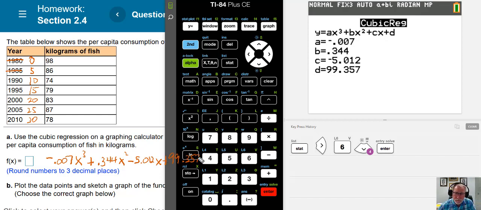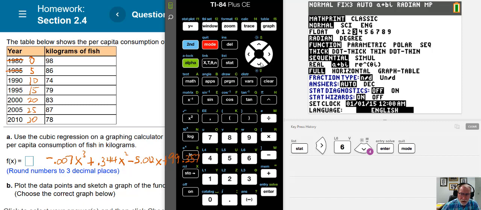Now let me mention that I have already set my calculator to round off for me. The instructions in the problem say to round to 3 decimal places. If you have a TI calculator, you can go to the Mode button right here.